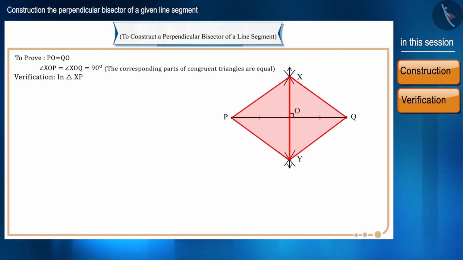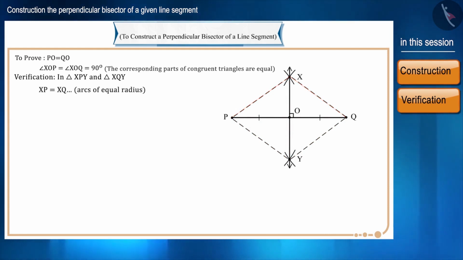Now in triangles XPY and XQY, side XP is equal to side XQ because these are arcs of equal radius. Similarly, side PY is equal to side QY because these are arcs of equal radius, and side XY is equal to side XY, the common side.